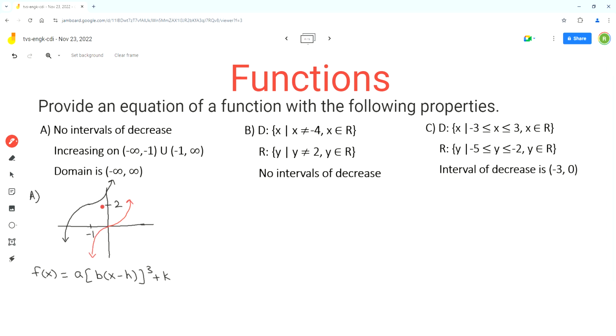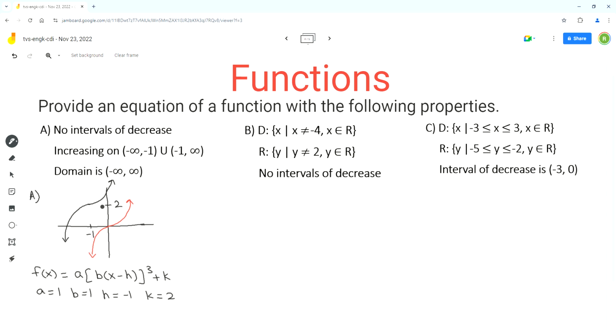So we can see that there has been a horizontal translation 1 unit, vertical translation 2 units up. There is no reflection in the x-axis or y-axis. So we can assume a is equal to 1, b is equal to 1, h is equal to negative 1, and k is equal to 2.